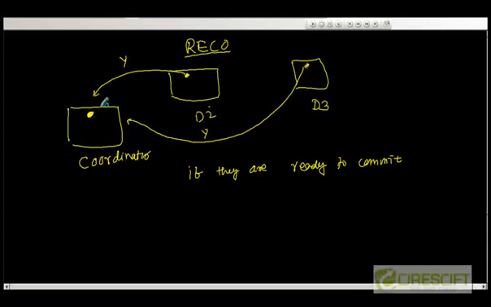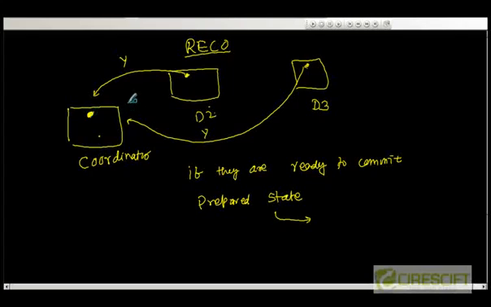When they notify that they are ready to commit, this is called the prepared state. That means the coordinator, D2 and D3 move to the prepared state, ready to commit the transaction.